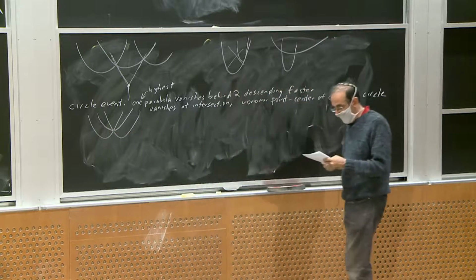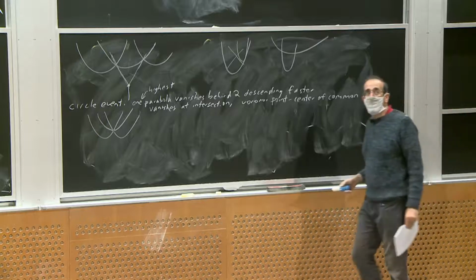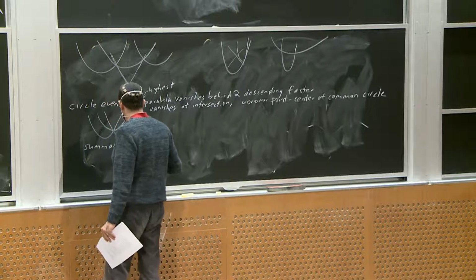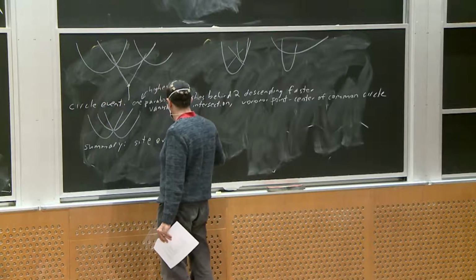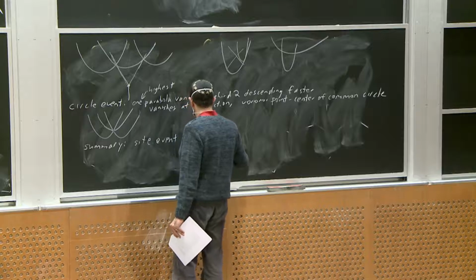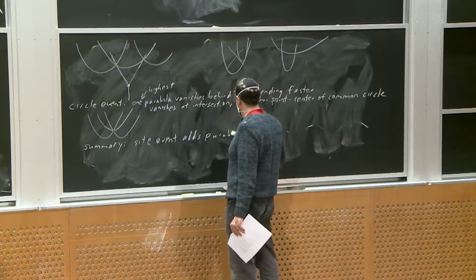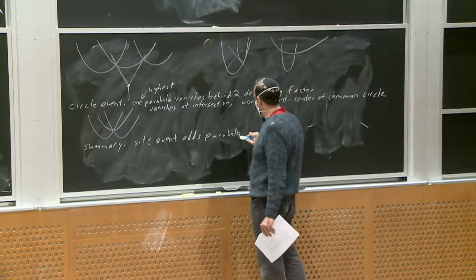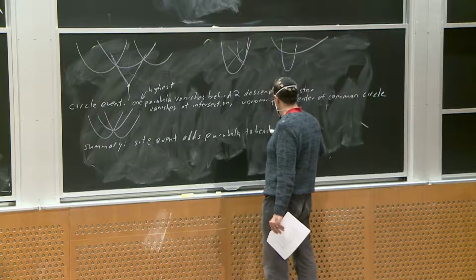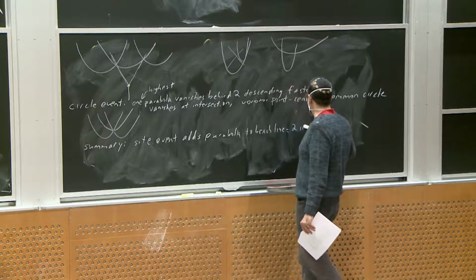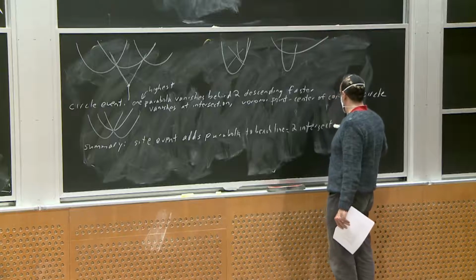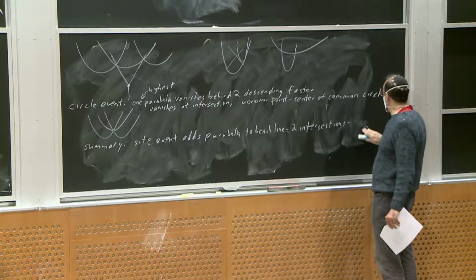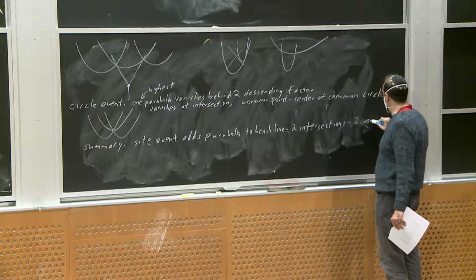So the summary is that you have these site events, which add a parabola to the beach line. And if it's adding a parabola, it's also adding two intersections to the beach line, which correspond to two Voronoi edges.